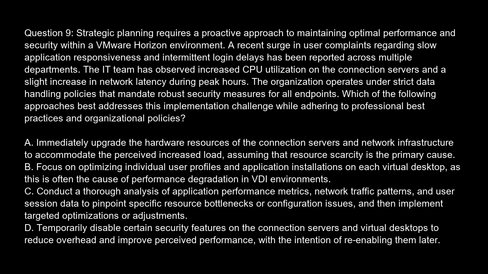Option C. Conduct a thorough analysis of application performance metrics, network traffic patterns, and user session data to pinpoint specific resource bottlenecks or configuration issues, and then implement targeted optimizations or adjustments. Option D. Temporarily disable certain security features on the connection servers and virtual desktops to reduce overhead and improve perceived performance, with the intention of re-enabling them later.